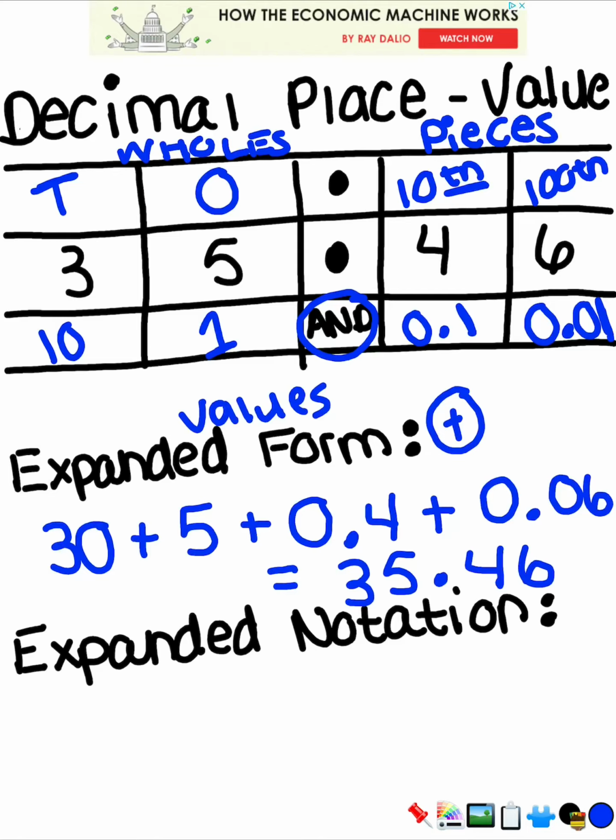Let's move on to expanded notation. So expanded notation has what? It has addition and multiplication. So we also know that it has the parentheses. So let's start with our opening parentheses. And again, we start with our highest place value place. So expanded notation's a little bit different.